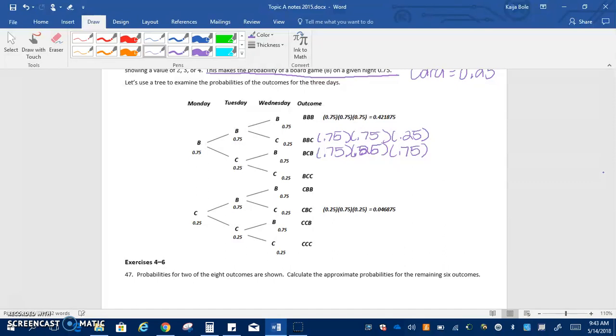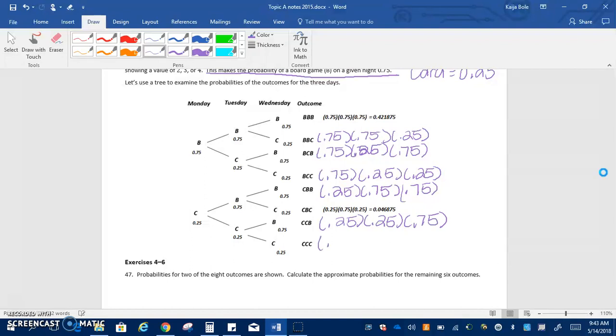Now we have BCC, so 0.75 times 0.25 times 0.25. For CBB, we have 0.25 times 0.75 times 0.75. For CCB, we have 0.25 times 0.25 times 0.75. And then for all C's here, we have 0.25 times 0.25 times 0.25.